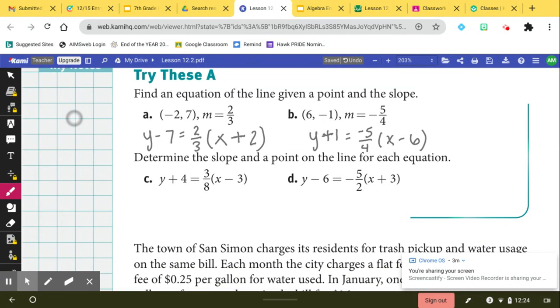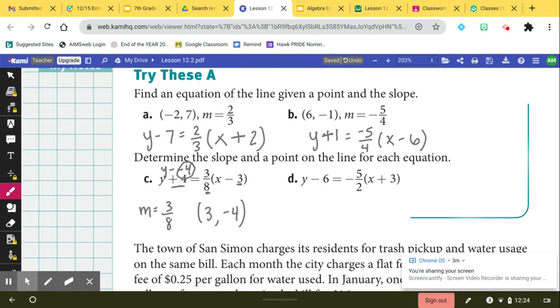So those are those equations in point-slope form. And then we can also determine the slope and the point on the line for each equation. So kind of pulling that information out. Well, m is this number, so my slope is 3/8. We subtract the x value of the point, so the point has an x value of 3. And then we're adding 4, so really that would have been y minus -4. So the y value of that point would be -4.